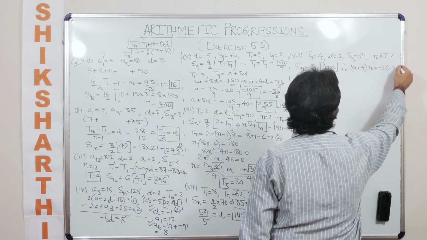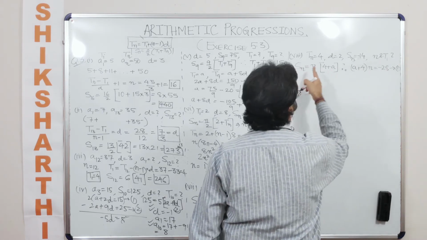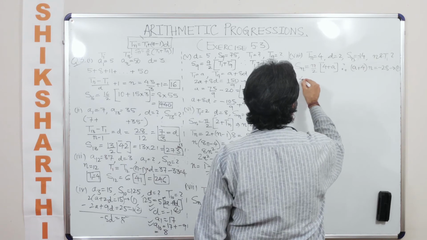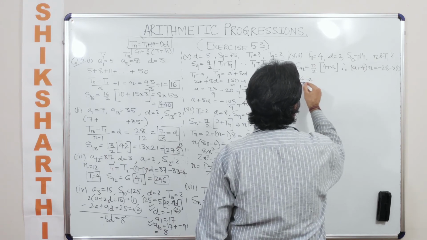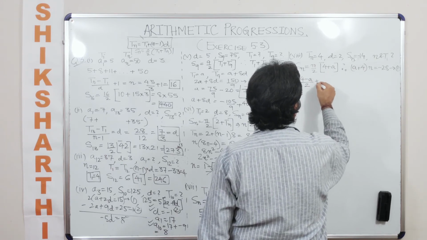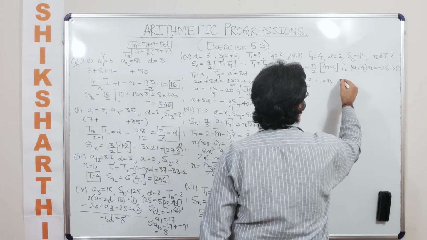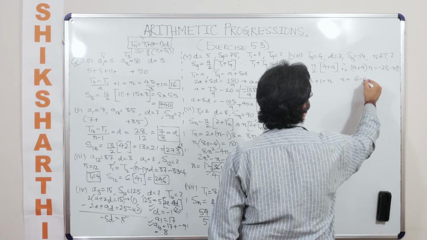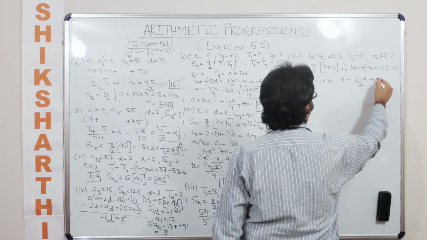Let's say this is my first equation. Now we know that tn minus t1, so we have already taken the first term as a, so 4 minus a divided by d plus 1 is the value of n. So what is the value of n that I get from here? The value of n that I get from here is 6 minus a divided by 2. So let's say this is equation 2.